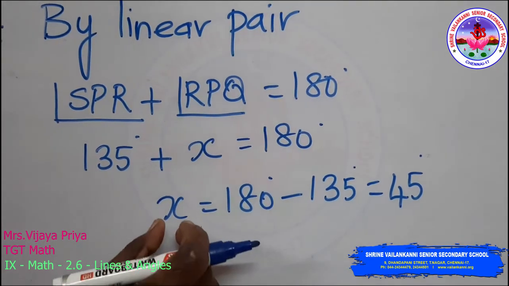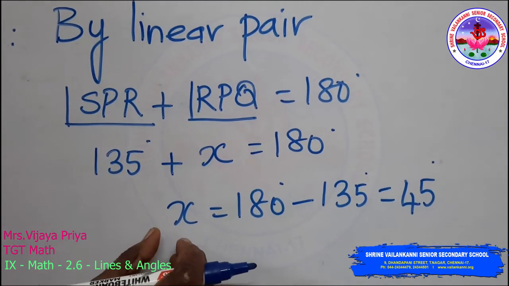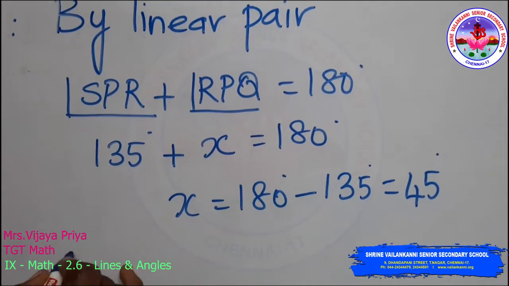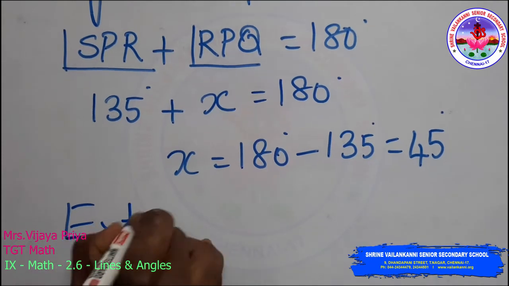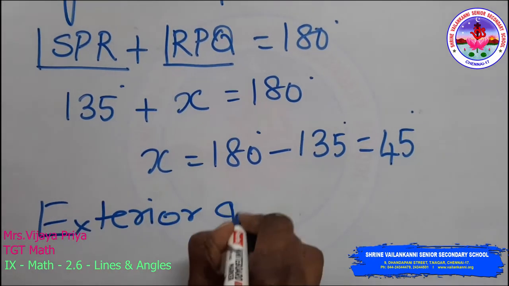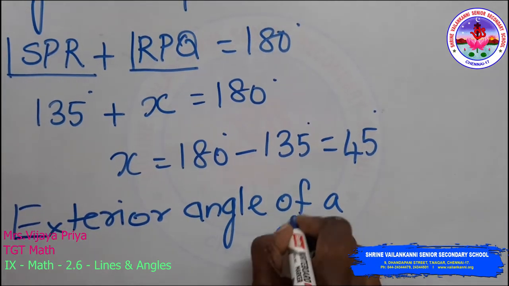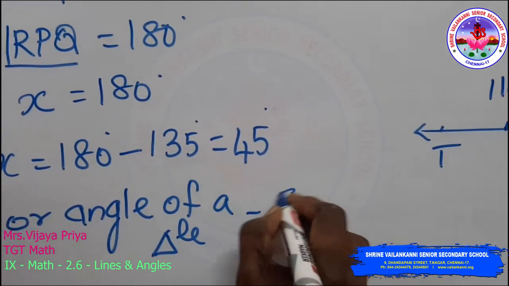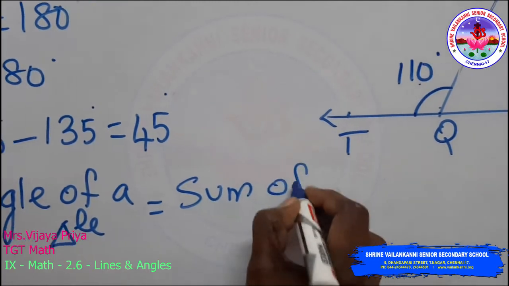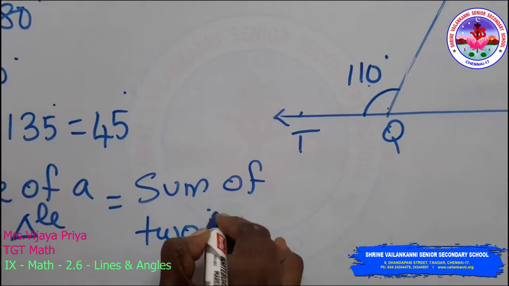Now we are going to substitute this X in the exterior angle property. The exterior angle of a triangle is equal to the sum of the two interior opposite angles.